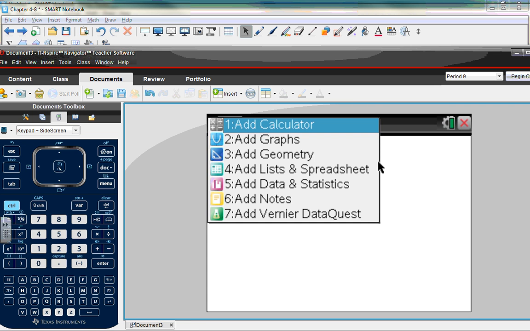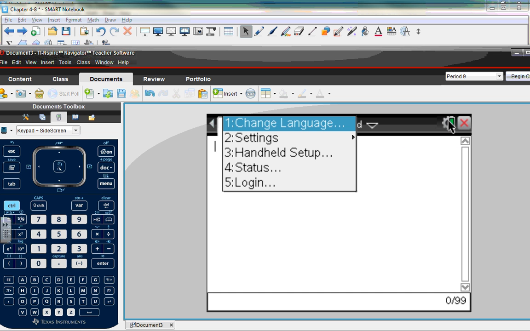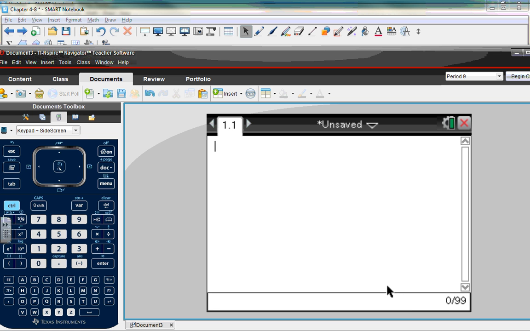You want the document to be a calculator page, and you're going to be in degree mode. Why do we want to be in degree mode on this? Because all of our angles, we know that's a 90-degree angle, so we like to use things in degrees. So we're going to go to settings in general, and your angle is going to be degree, and hit OK.